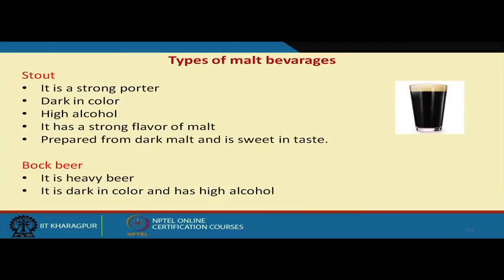Then you have to do the germination in wet and aerobic conditions. Then in the mashing process, you solubilize the insoluble material, and then in hopping, you boil with the hops to get the desirable ingredients from the hops, giving the desirable taste and flavor to the beer.